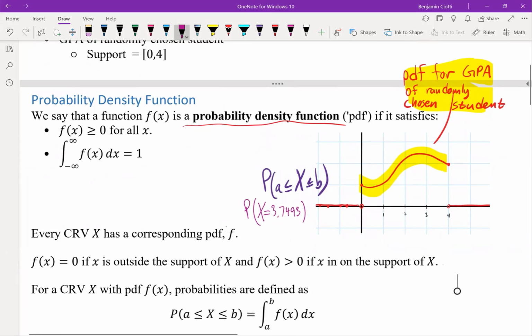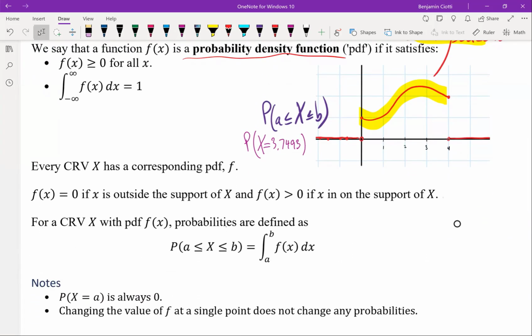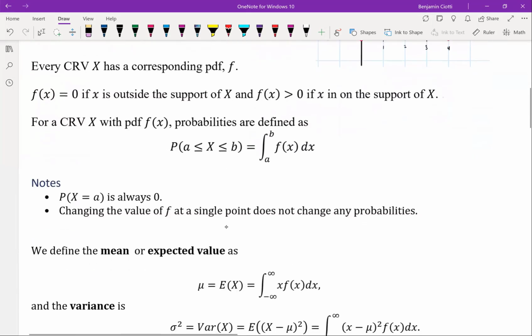Well, according to the new properties of PDFs, this will necessarily be 0, as it will be for the probability that x is equal to any other particular number. Okay, cool. So moving on.